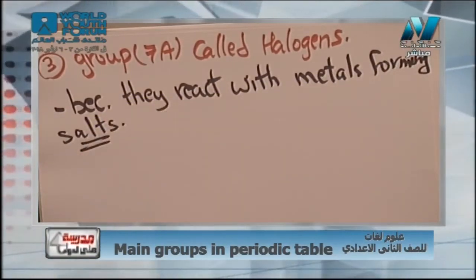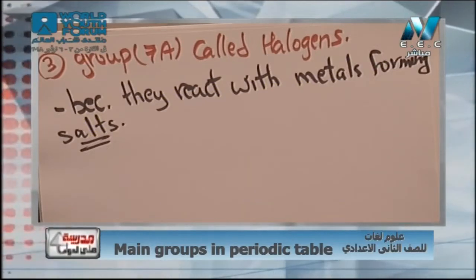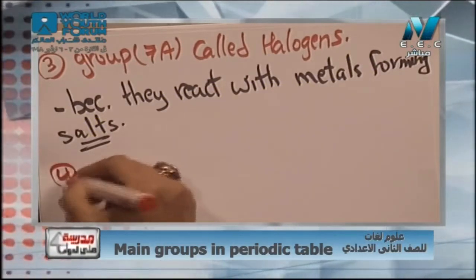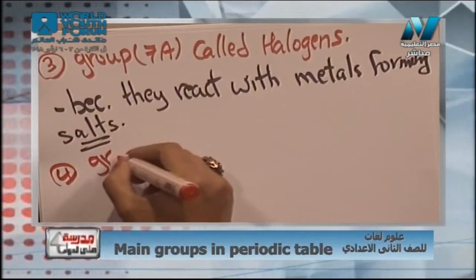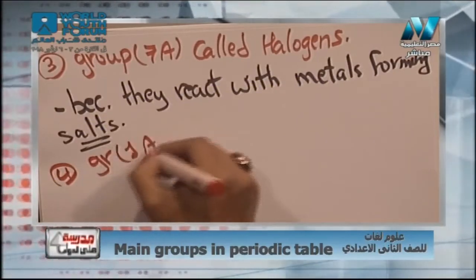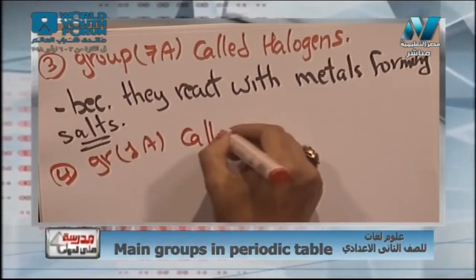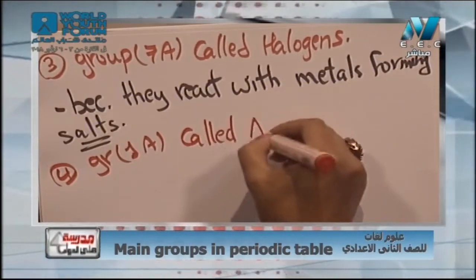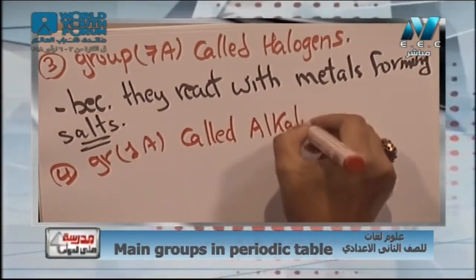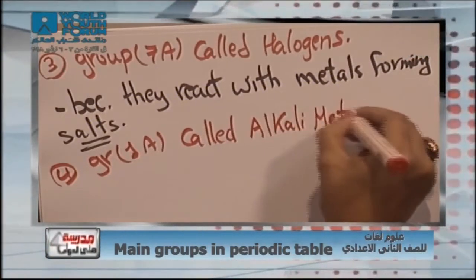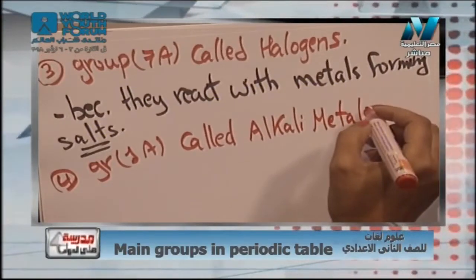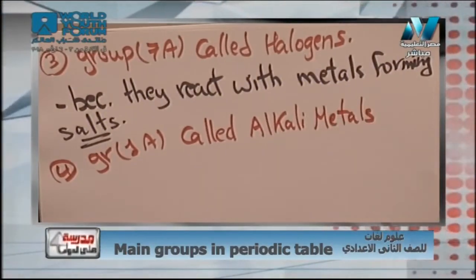As we see, 7A is called halogens. Give reason: group 1A is called alkali metals. Why is group 1A called alkali metals?